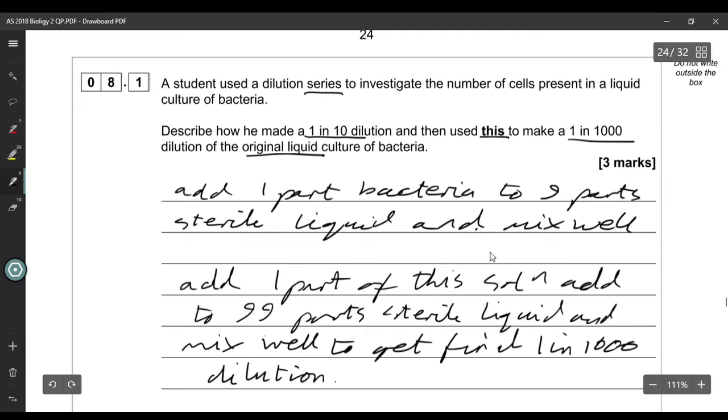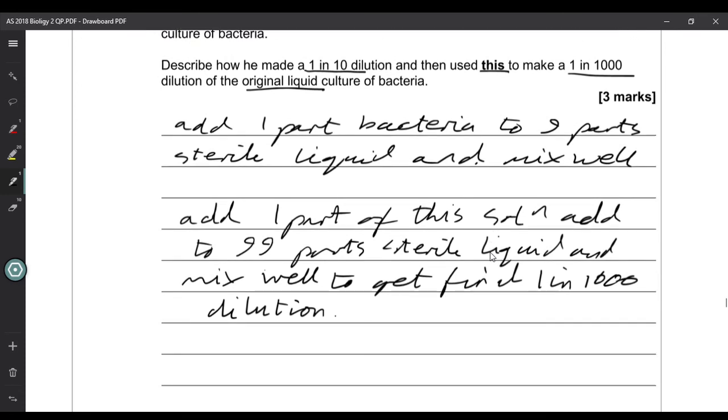So just run that through again. Because we've taken 1 part and added it to 99 parts, we've got 1 part in 100 of this solution that we made earlier. And because this was already a 1 in 10 dilution, this final dilution will be a 1 in 1,000.